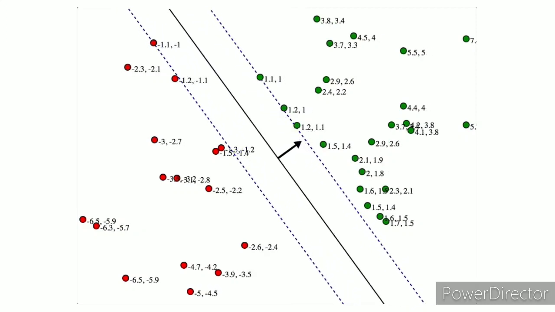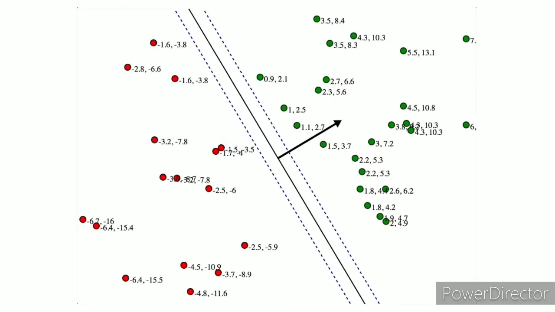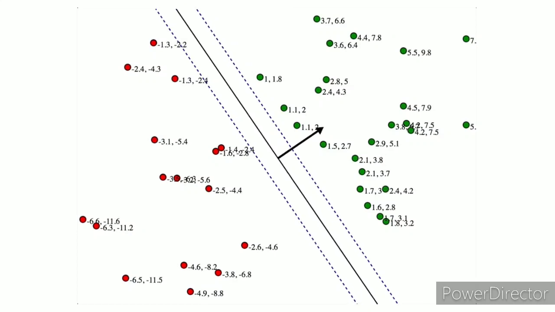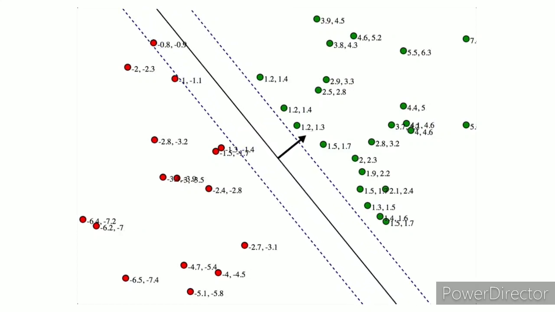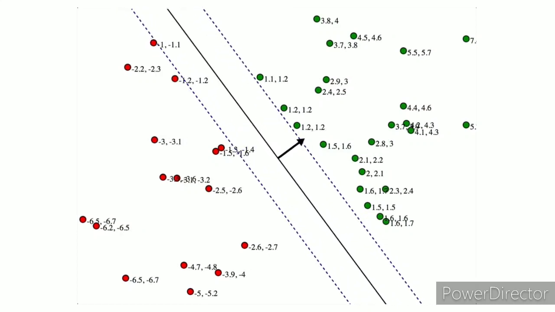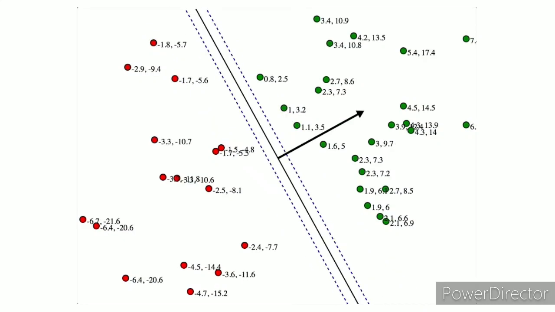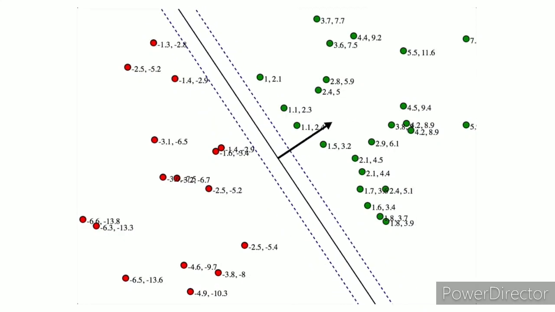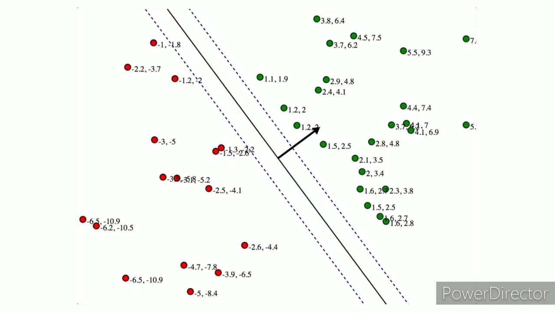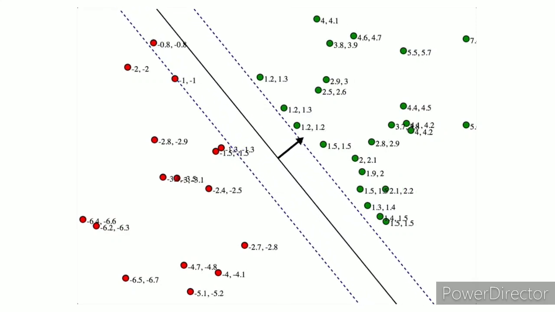The output class is 1 or minus 1. If the actual class and predicted class are the same, then the product of actual and predicted is positive and the penalty is less. Whereas if actual and predicted have opposite signs, then the penalty is high. Hinge loss is basically optimized to maximize the margin between the classes.